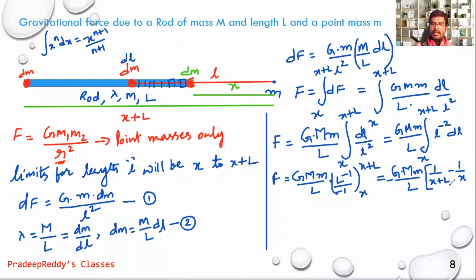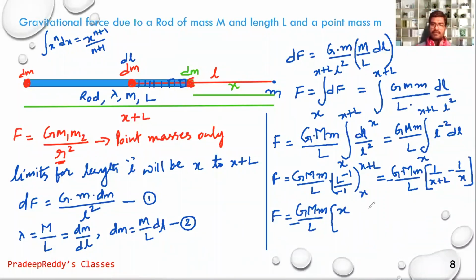Wherever L is there, in that place of L I am substituting the upper limit first. L power minus 1 will be written as 1 by L. So first the upper limit x plus L minus the lower limit, I will substitute this x value. So capital F can now be written as capital G, capital M, small m divided by capital L into, of course, one negative sign over there.